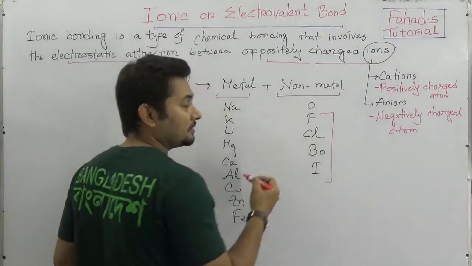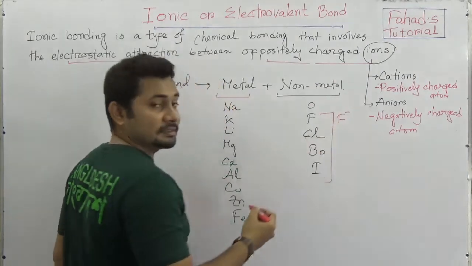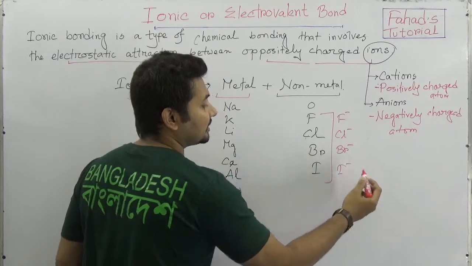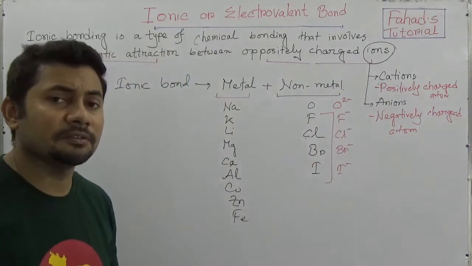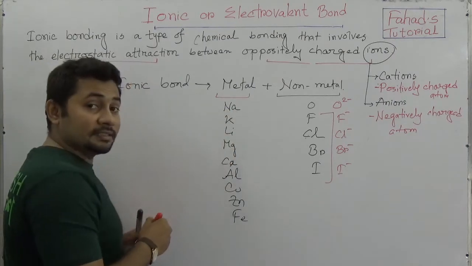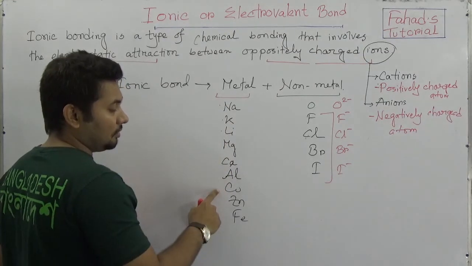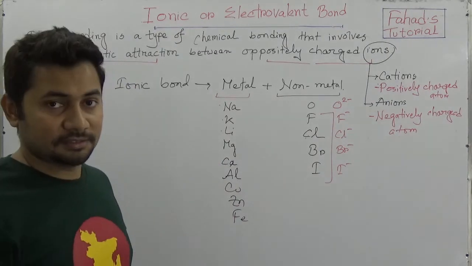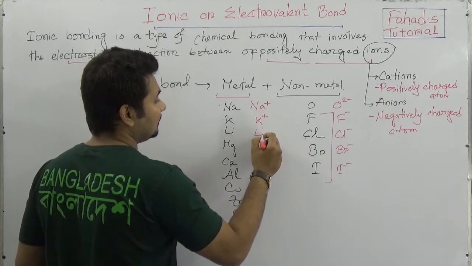As fluorine is prone to accept 1 electron, it will become F minus, chlorine becomes Cl minus, bromine Br minus, iodine I minus, but oxygen will become 2 minus, because oxygen will accept 2 electrons. In the case of sodium, potassium, lithium, they can donate 1 electron, so they become sodium plus, potassium plus, lithium plus.